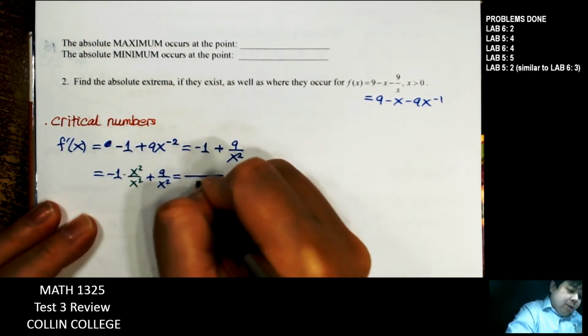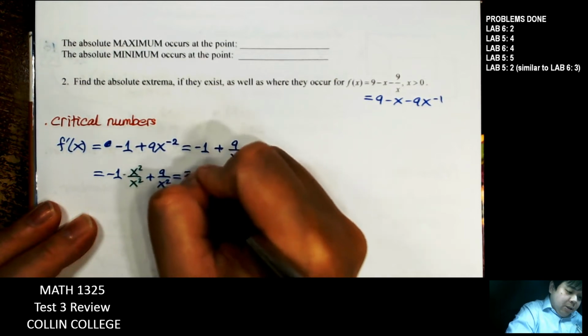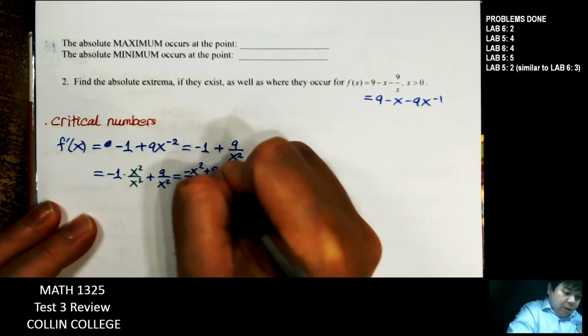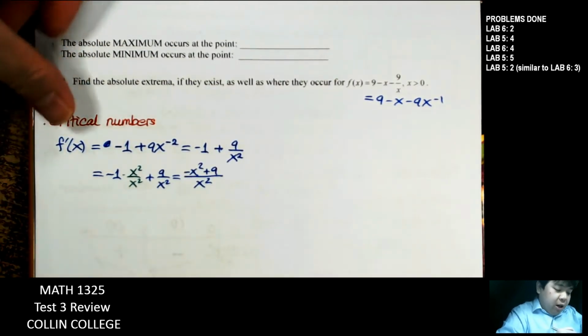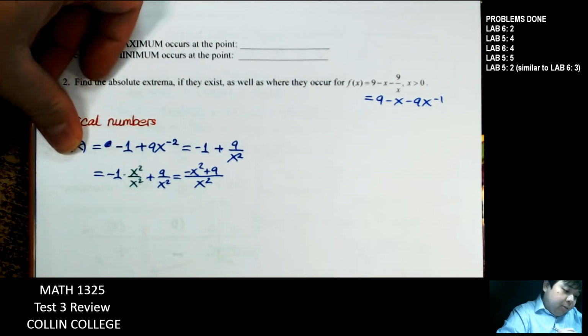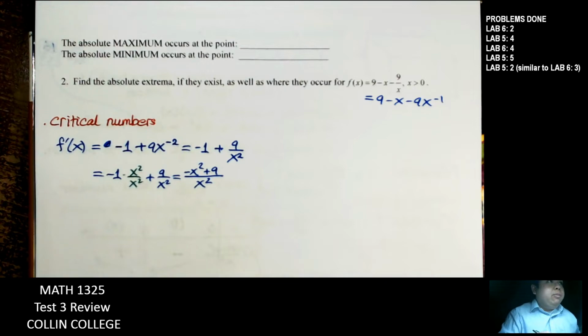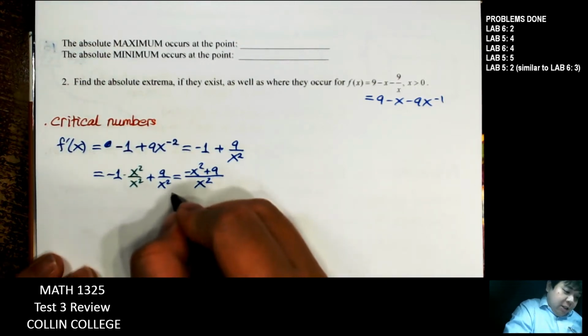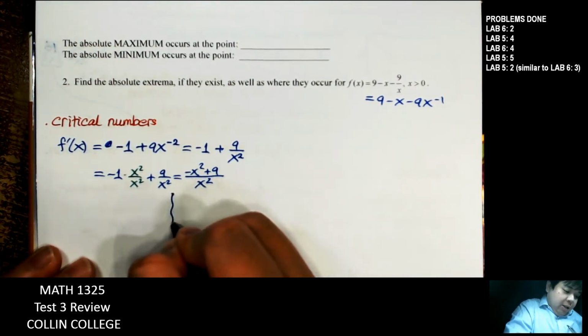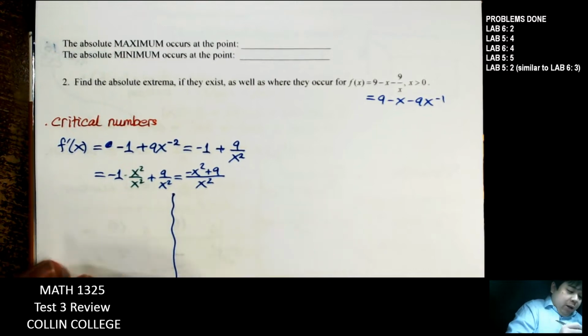Common denominator, x squared over x squared, gives negative x squared plus 9 over x squared.